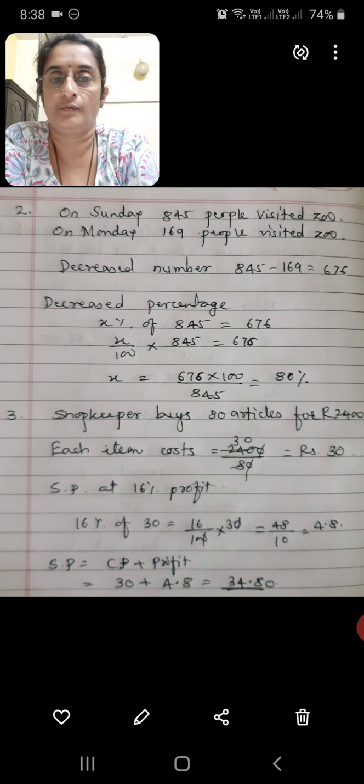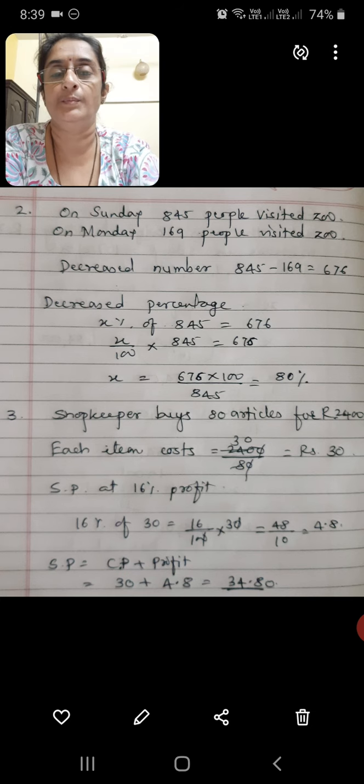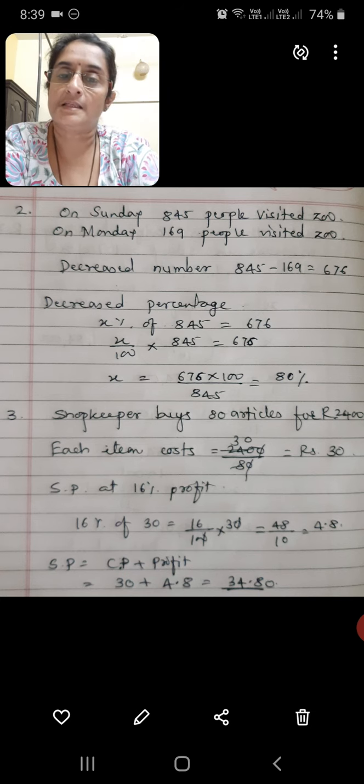The total number we got on Sunday is 845. So x percent of 845 is 676. So x upon 100 into 845 gives you 676. When you solve that, you will get 80%. So the decrease in people on Monday is 80% from Sunday.